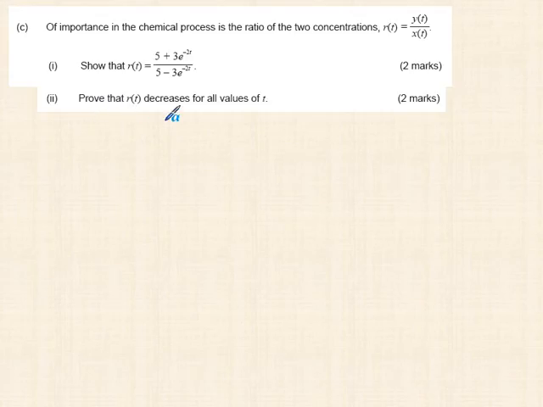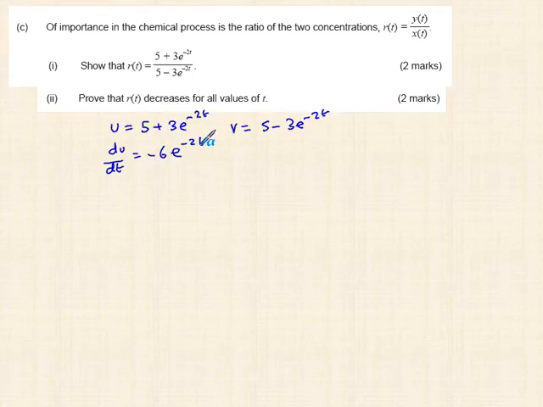Prove that r of t decreases for all values of t. So it's a quotient. So we'll have u is 5 plus 3e to the negative 2t and v is equal to 5 minus 3e to the negative 2t. So du/dt is going to be negative 6e to the negative 2t, and dv/dt is going to be 6e to the negative 2t.